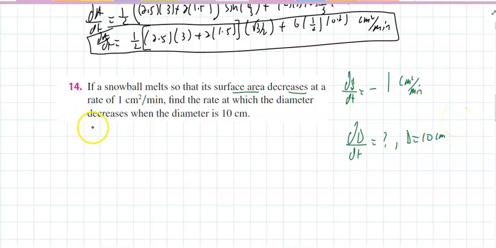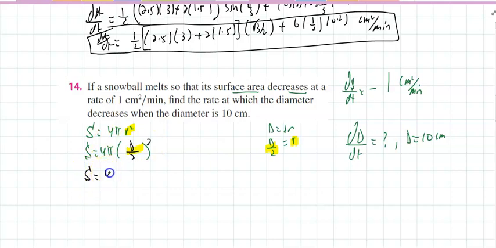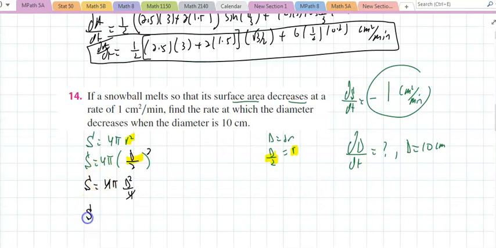Well, we know that the surface area is 4 pi times r squared. And I know the diameter equals twice the radius, right? So the radius is the diameter divided by 2. So S equals 4 pi, and if I replace r by what it equals, S will be 4 pi d squared over 4. S will equal pi d squared.